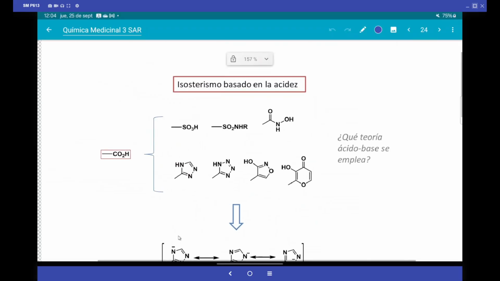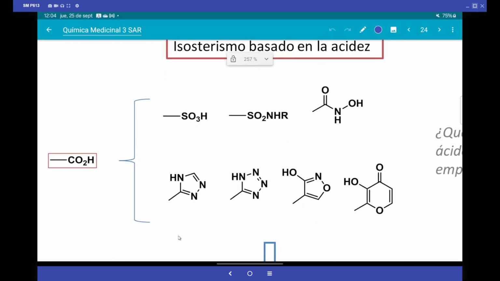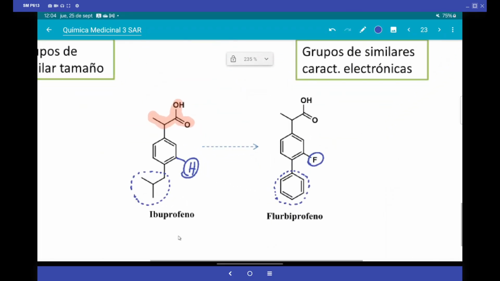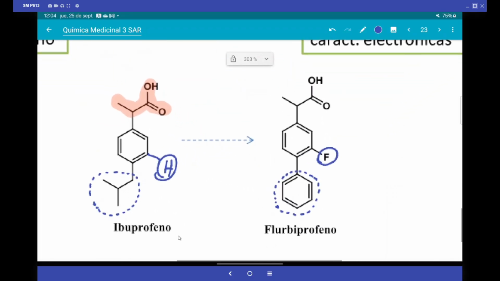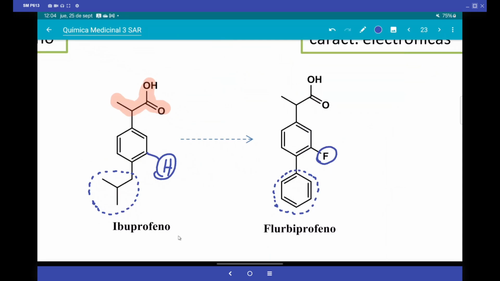In the case of fluoroprofen, I assure you that it has a better IC50. Higher or lower? Very well, a lower IC50, excellent.